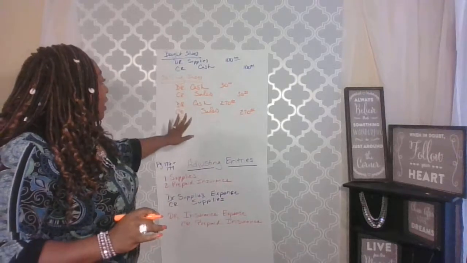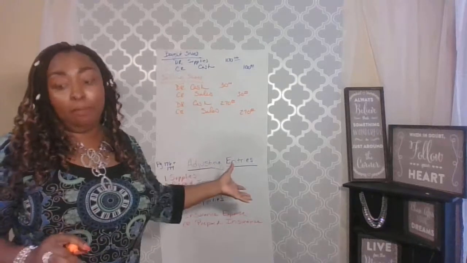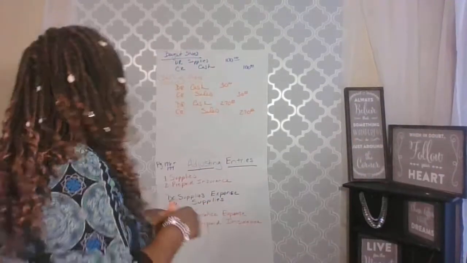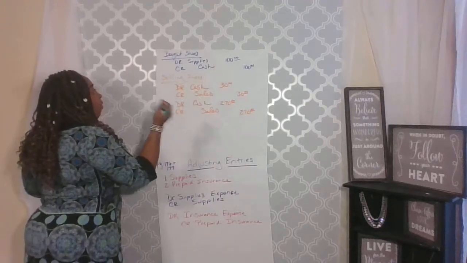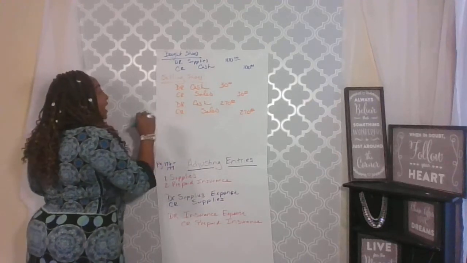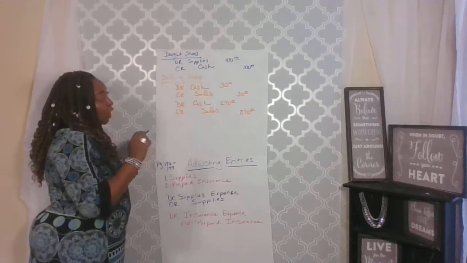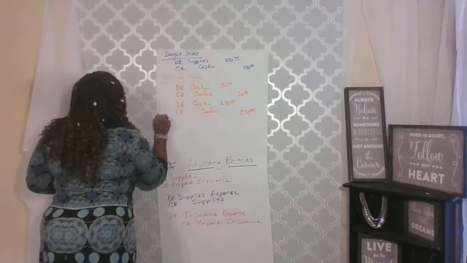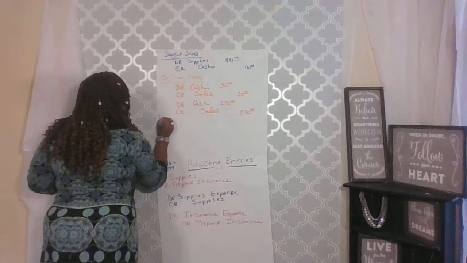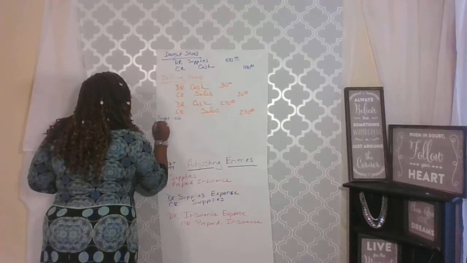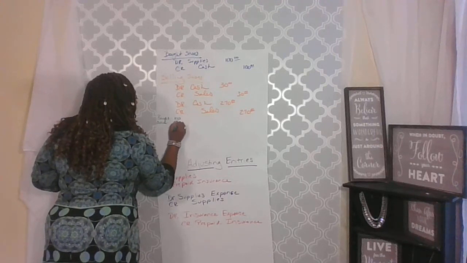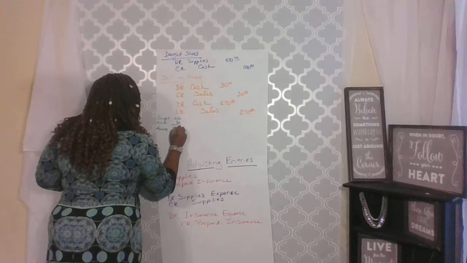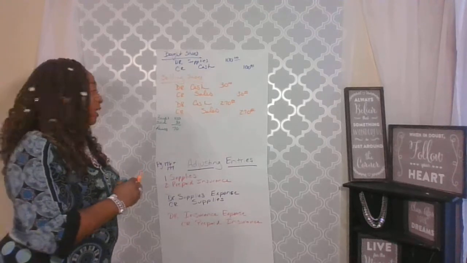So once again, I have moved quite a bit of my shoes. Remember, I started out with my shoes. When I bought them, I had 100 pair, okay? And now I have sold 30 pair of shoes. So if I had started out with 100, I bought 100, sold 30, that leaves 70 pair of shoes, okay?